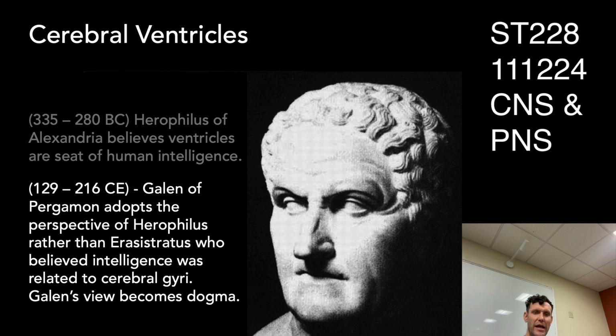So this all makes sense to Galen, and it gets adopted rather than Erasistratus, who believed in the cerebral gyri, who was actually correct. That was the correct interpretation. But there's something to take heart in here, eager young minds: truth will win in the end, even if you are long gone and dead.